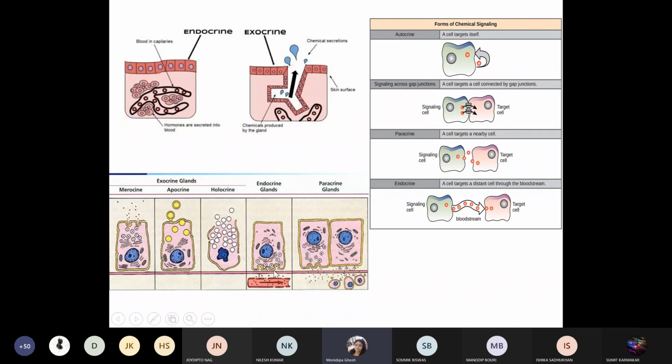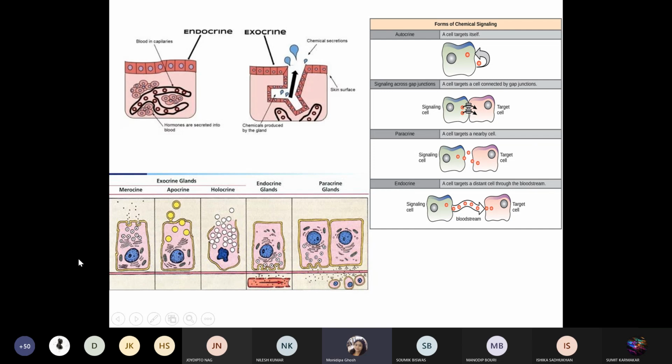Whenever the chemicals are captured by the capillaries, the blood vessels take them from the origin of their development to the target cells. So they act at a distance.